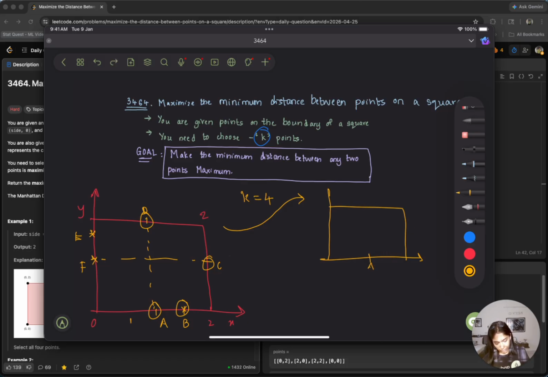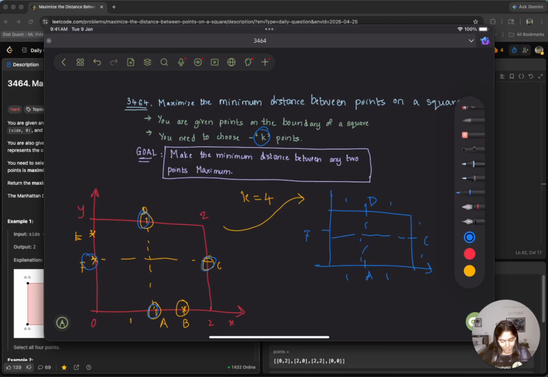So now let's go ahead and look at a few different points. Okay, so let's consider A, C, D, and F. So now if I draw that, this is A, this is C, this is D, and this is F. And because this is 1, 1, 1, 1 here, I can see that all of the points are equidistant.